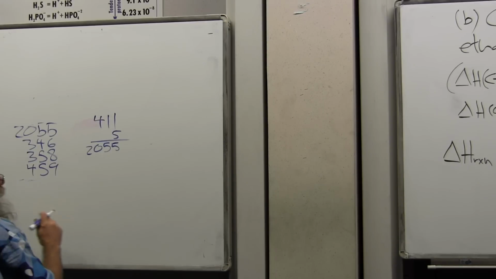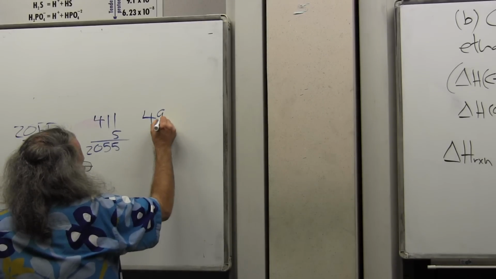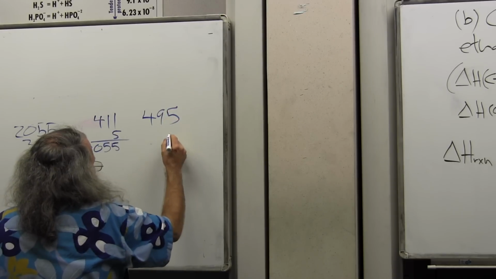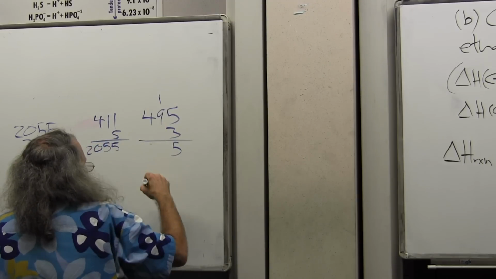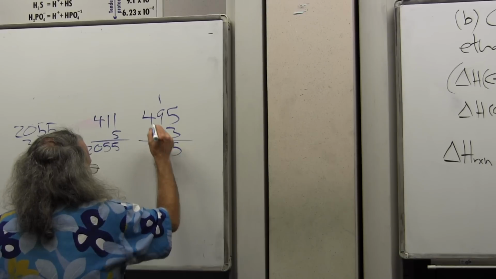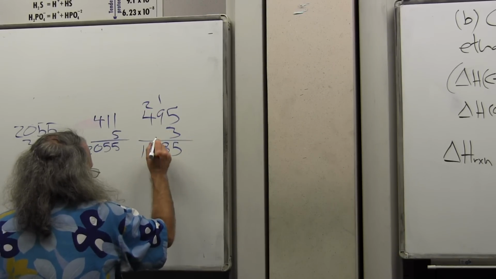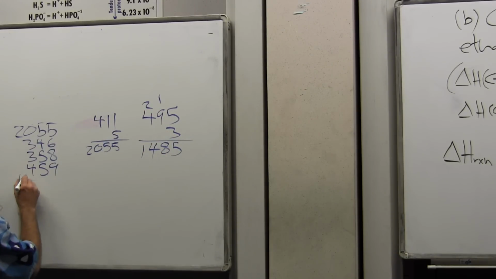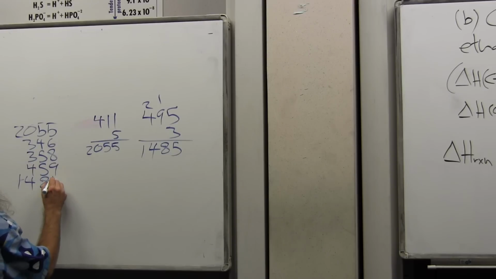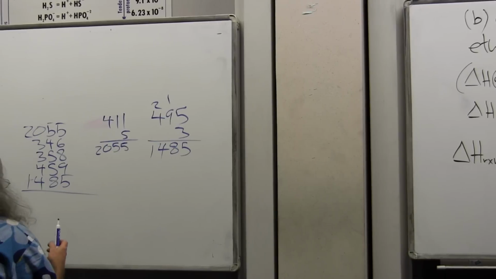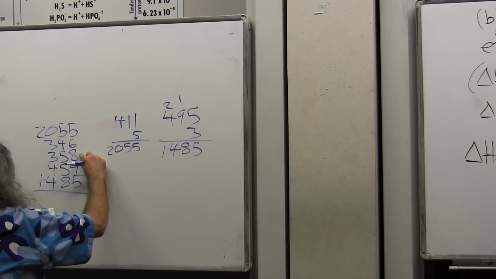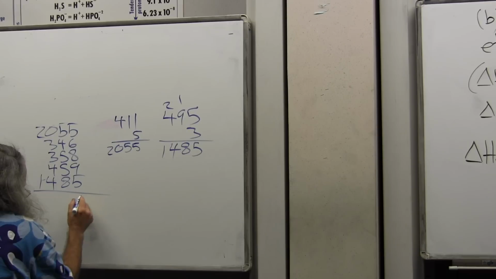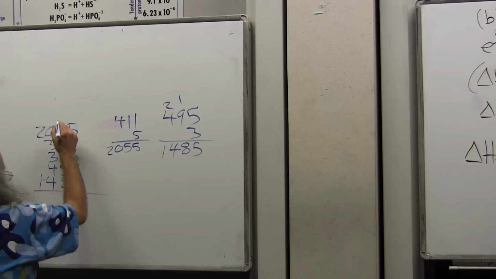Oh, I have to calculate that. 495 times 3 moles. And so 5 times 3 is 15, 9 times 3 is 27, 28, 4 times 3 is 12, 14. So I'm going to have to add 1,485 to the total. Now do it one more time. Okay, 6 and 5 is 11, 28, and 5 is 33.